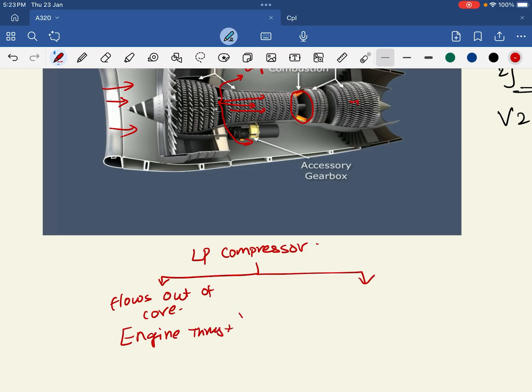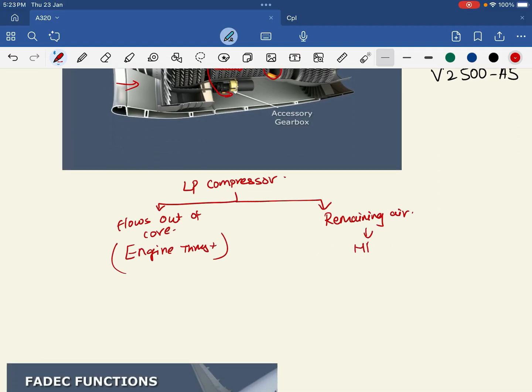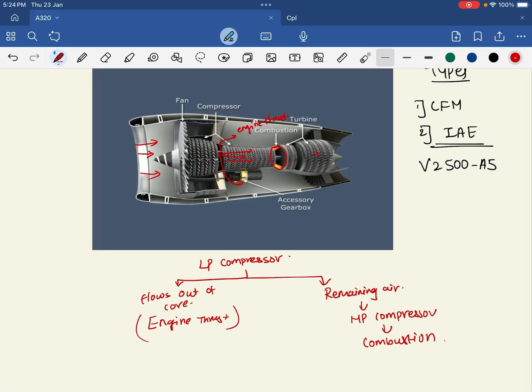The remaining air will go to the high pressure compressor for combustion. This is something which you have to remember.